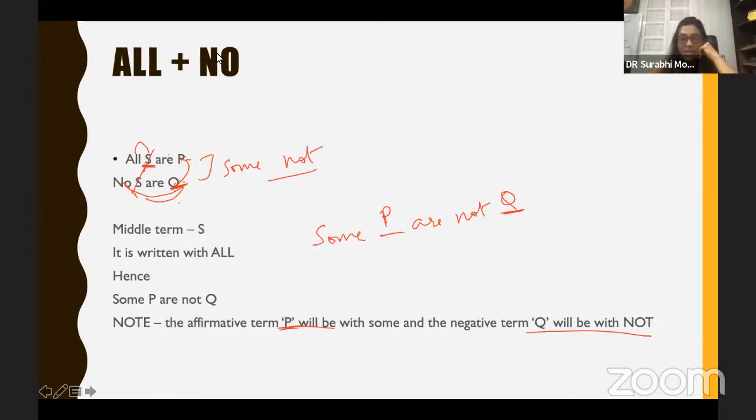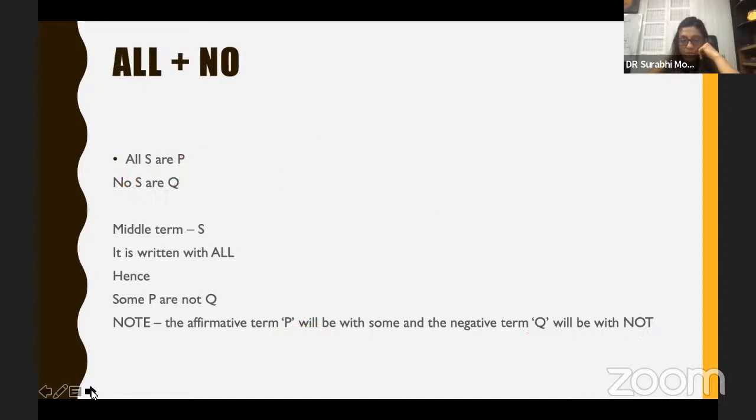If you understand this, give me a thumbs up. So in all, there are two cases, a no answer and a some not answer. Give me a thumbs up if you have understood this. And then we will do a set of questions.